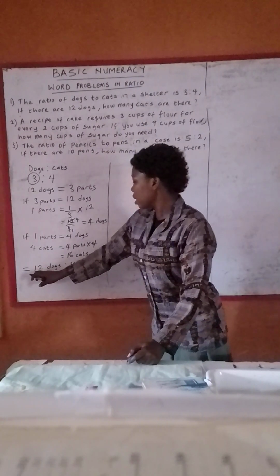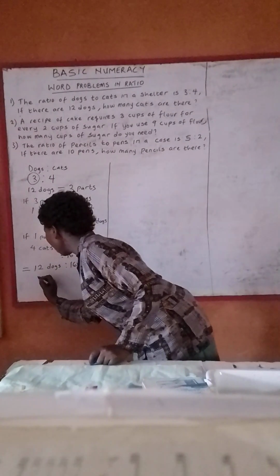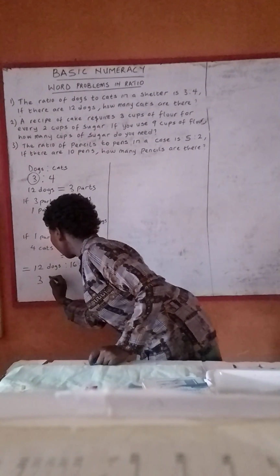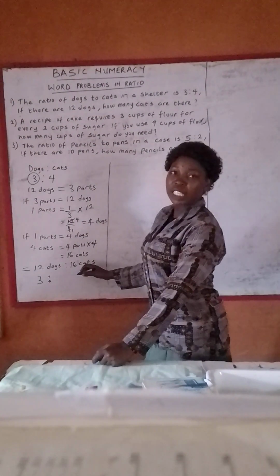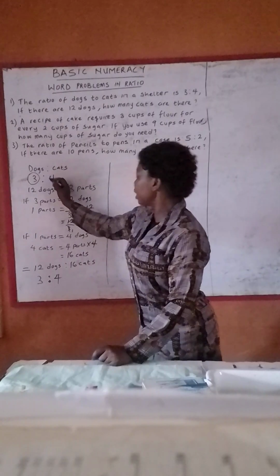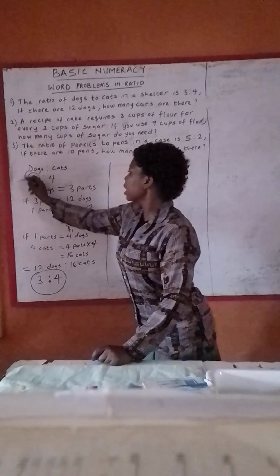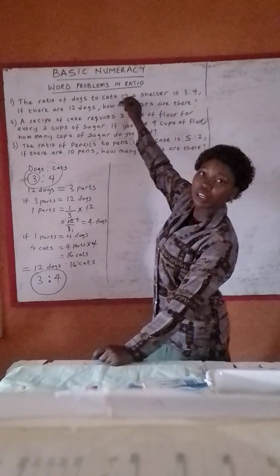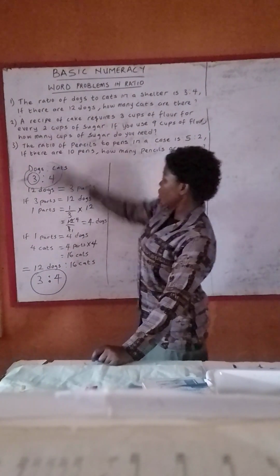When you divide 12 by 4, it will give you 3. Divide 16 by 4, it will give you 4. So can you see that we have gotten what they gave us in the initial question. So that is how to solve number 1.